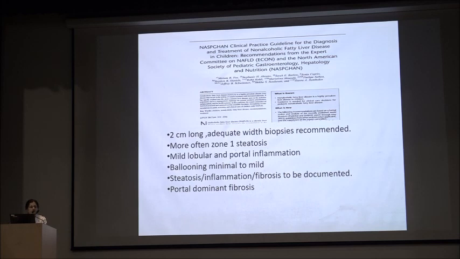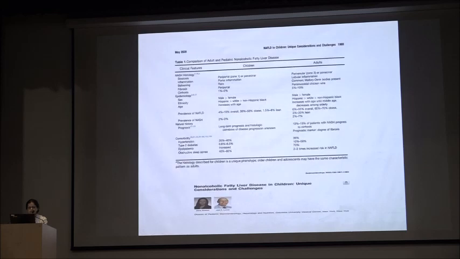By definition, if ballooning is absent, it will not be classified as steatohepatitis, but still this paper recommends that the extent of steatosis, inflammation and fibrosis needs to be documented. We need to remember that the NAS scores may not correctly estimate the extent of steatohepatitis in these kinds of pediatric NASH cases, and the fibrosis may be portal dominant rather than a zone 3 dominant phenomenon.